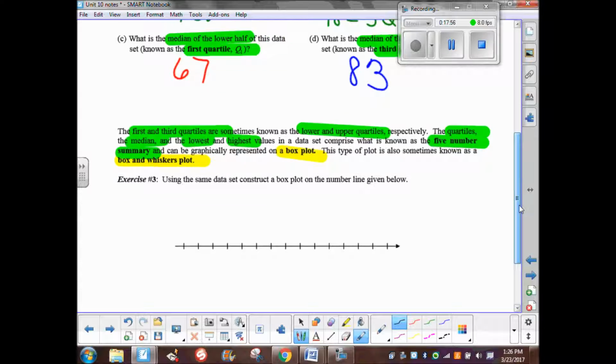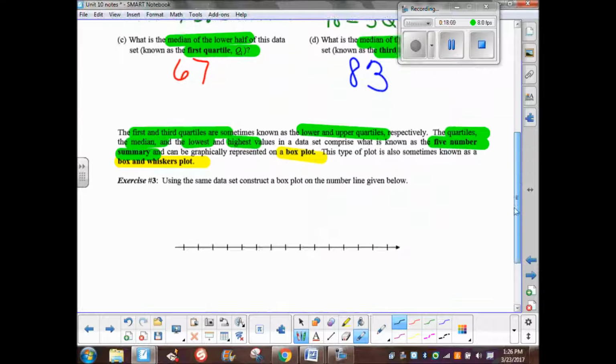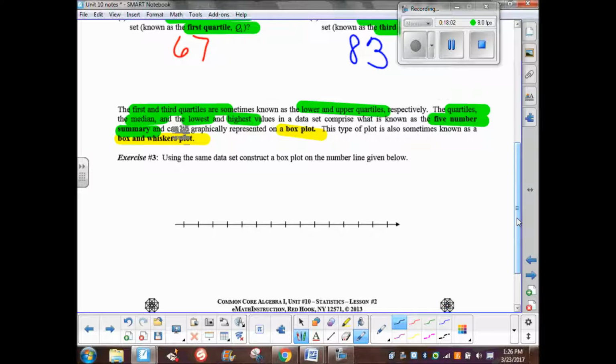So my lowest number was 52, right? Let's see how we want to set up our number line. My low is 52. My high was 98, I think.